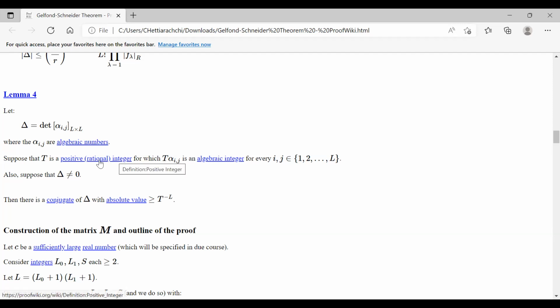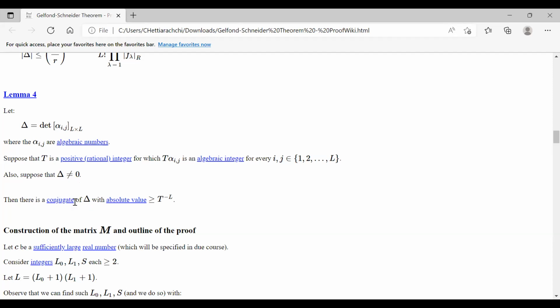Here we use the word rational to distinguish from other integers, there are Gaussian integers, Eisenstein integers. So this is just the regular integers as we know them, positive integer, for which t times alpha ij is an algebraic integer for every i, j belonging to the set 1, 2 through L. And also suppose that the determinant of this delta is non-zero. That's the determinant of the matrix is non-zero.